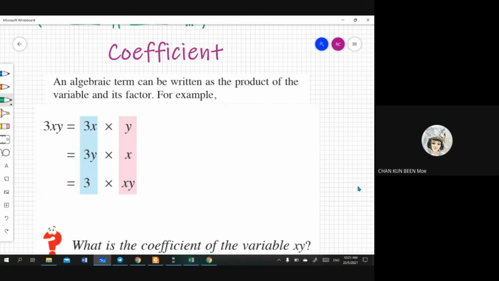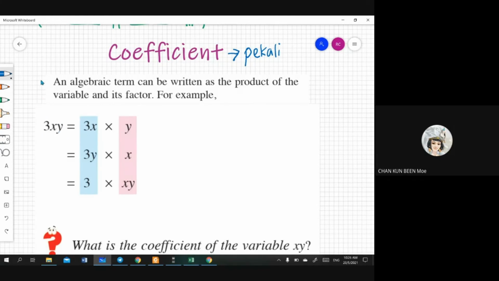Do you know what is the word to represent coefficient in Bahasa Melayu? Pekali. Bagus, pekali. So hope you still remember what is a pekali if you have learned it in primary school.